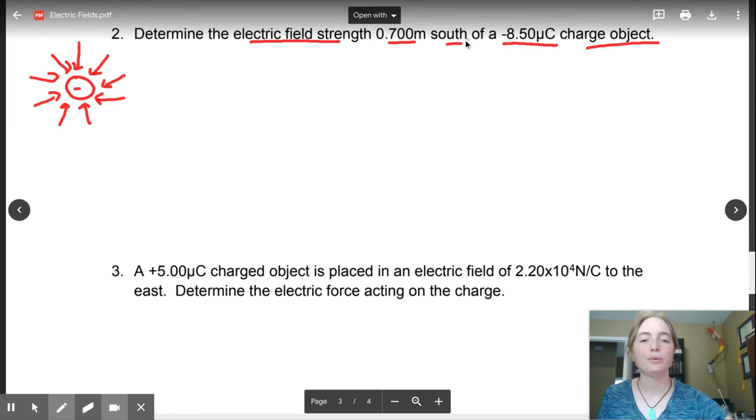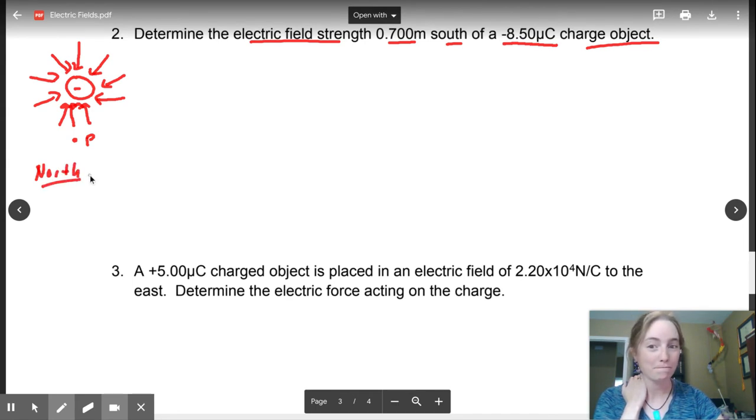And now we are going to be 0.7 meters south of that. So point P is going to be south of this charge. Well, look where the field lines are going. The field lines are going north of point P. So that means our direction for this, we just happen to figure out our direction first, is going to be north.